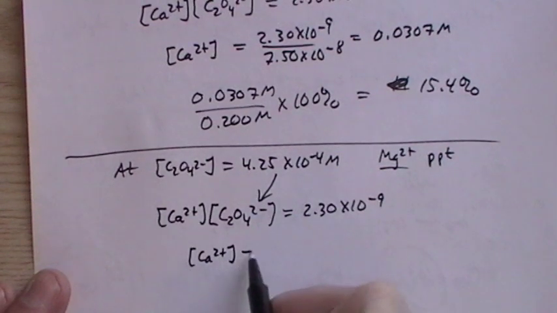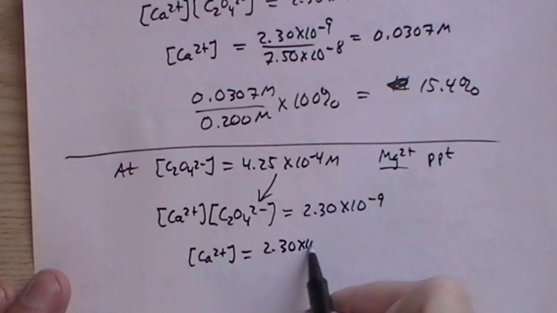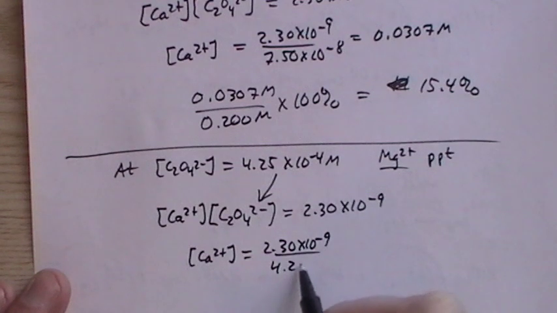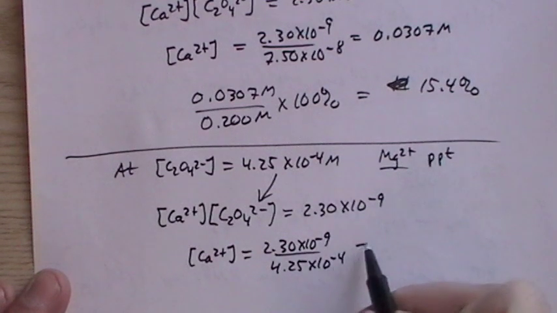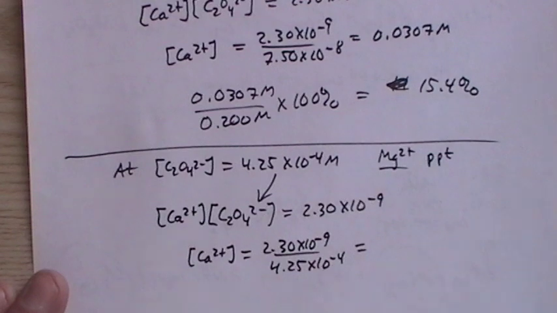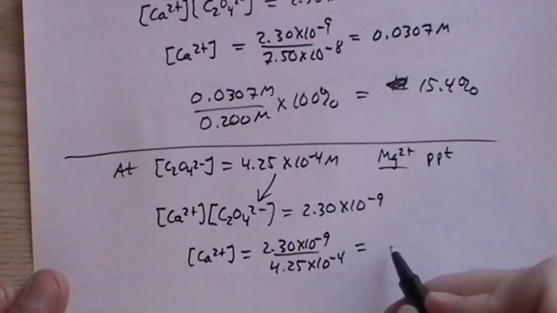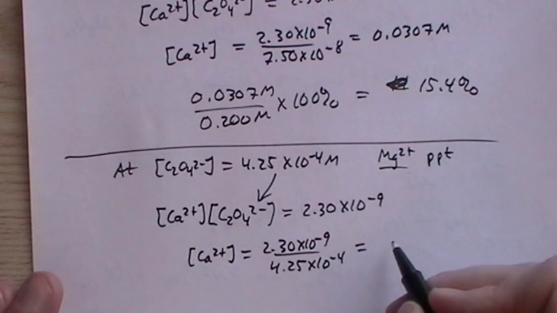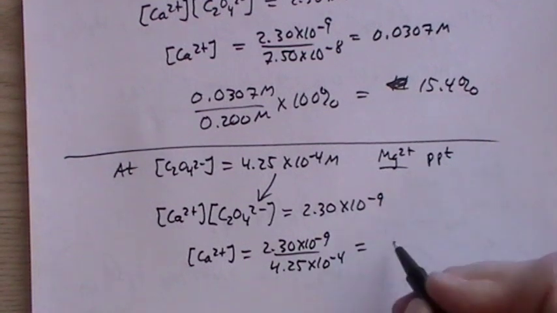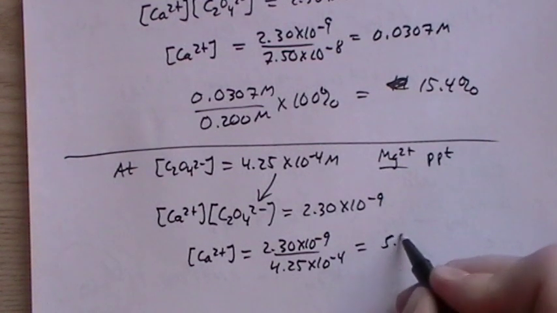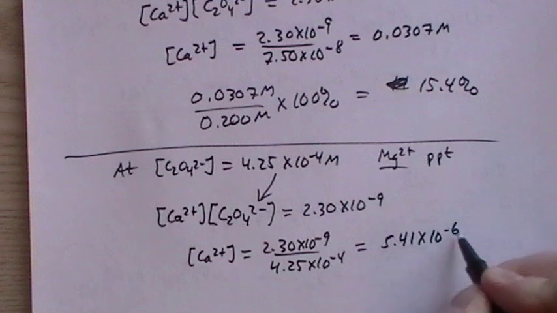Calcium ion concentration becomes this. And so we get, what is this? So this is 5.41 times 10 to the minus 6 molar.